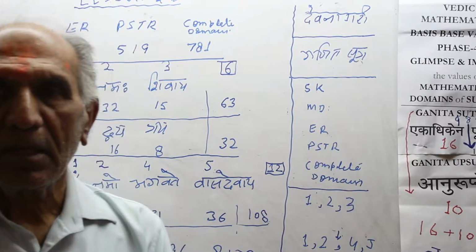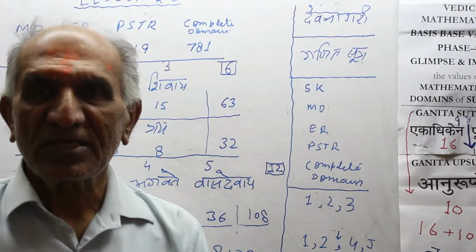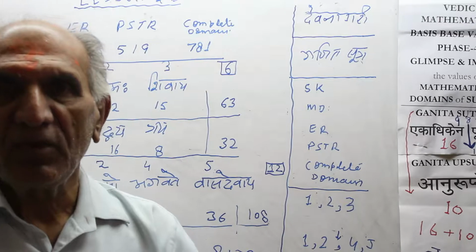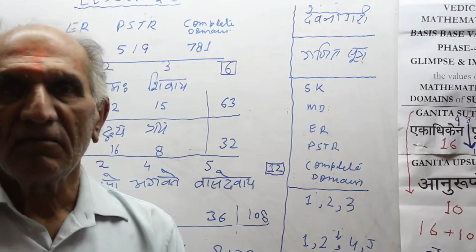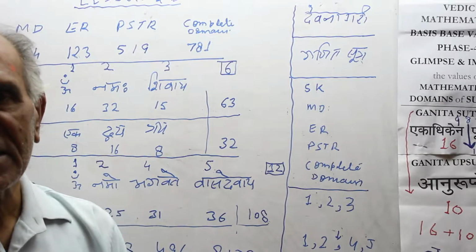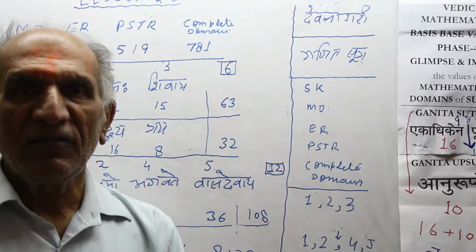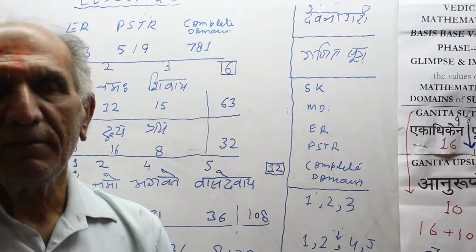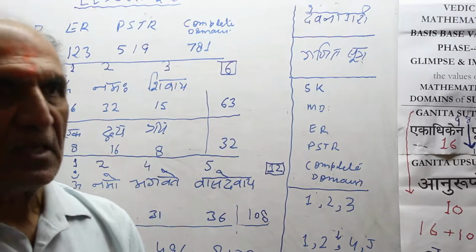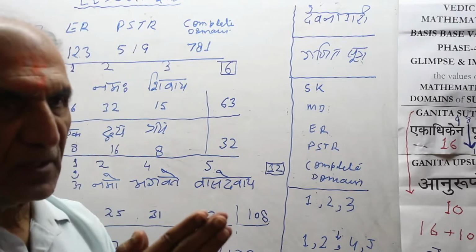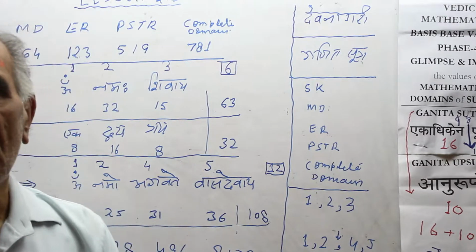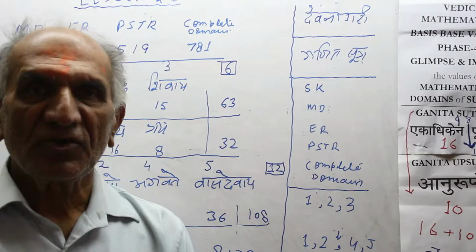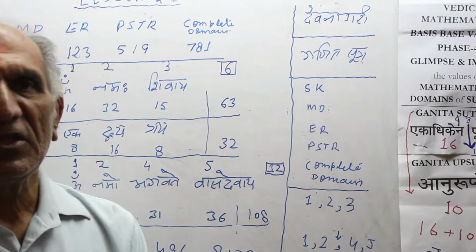Once we are successful in memorizing the text, we will dispense with the whole text, and the whole exercise will become a mental exercise, and this will make the Vedic mathematics a purely mental mathematics.